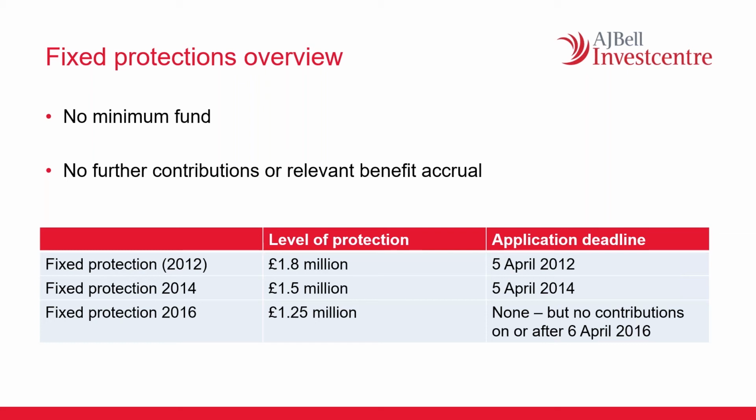But of course, in practical terms, what will stop a lot of people being able to is the fact that you can't have made any contributions on or after 6th of April 2016, which obviously most people will have done, especially with auto enrolment and things. But if you do come across a client that would benefit from some level of protection and hasn't made any contributions in the last 4 and a bit years, and doesn't intend to, then it is still possible to apply for those.